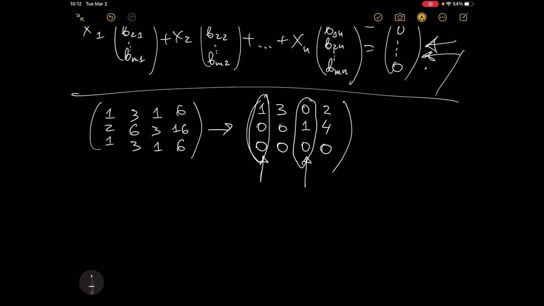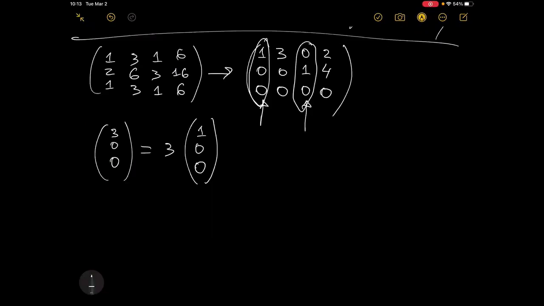For example, how can you express 3, 0, 0? It's 3 multiplied by 1, 0, 0, right? Easy. Now the last column, this one: how can you express it through columns corresponding to leading ones? Could you tell me?